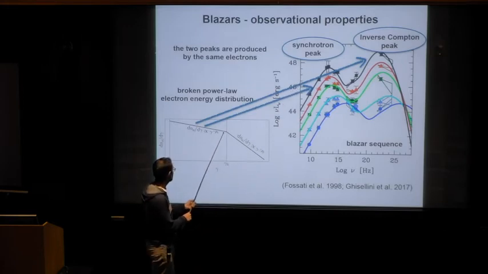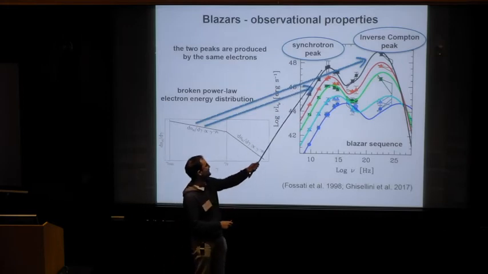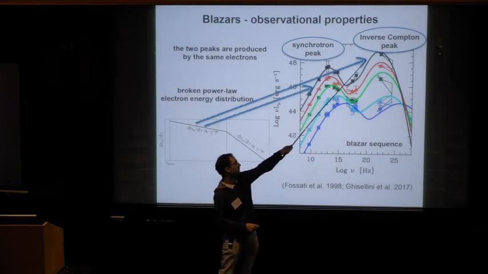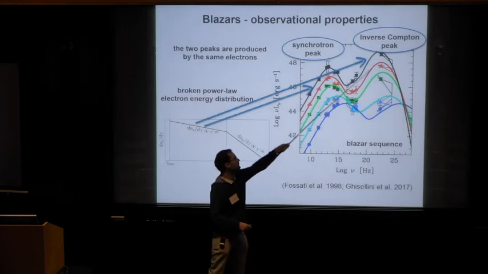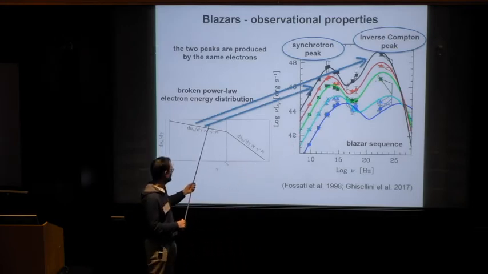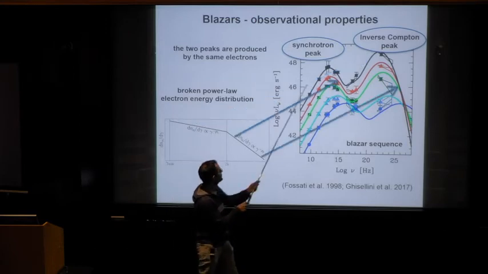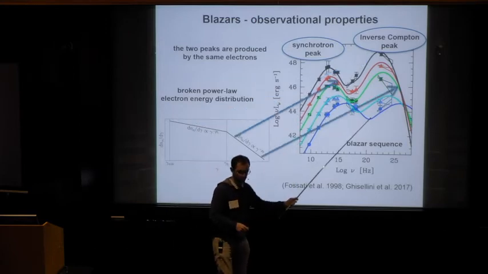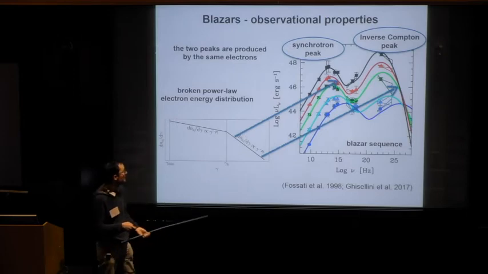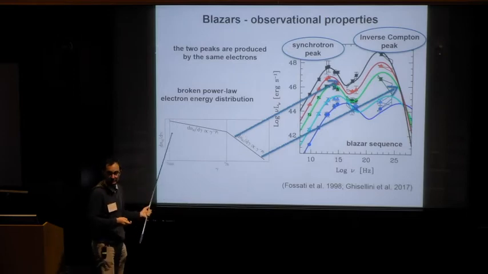Then I have the electrons at the break, which radiate by synchrotron at this peak, and also produce the peak in the inverse Compton. And then I have the steeper part of the power law, which corresponds to the declining part of the spectrum. Observationally, this is what we need.